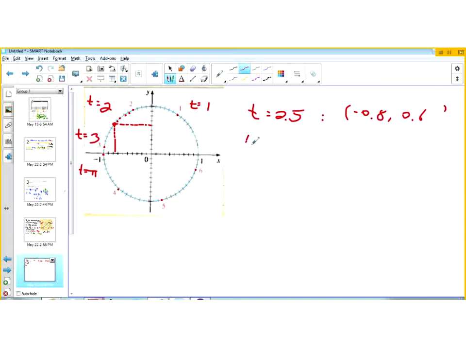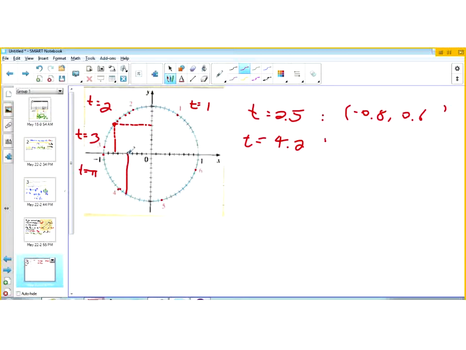All right, so how about t equals 4.2? Here's 4, and so 4.2 would be right here, I believe.